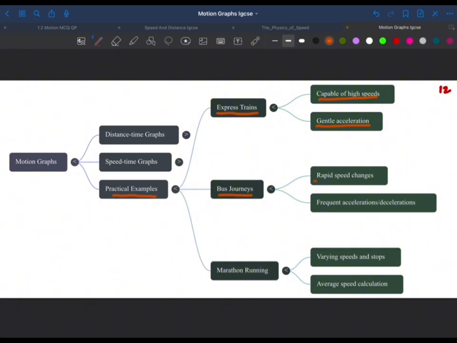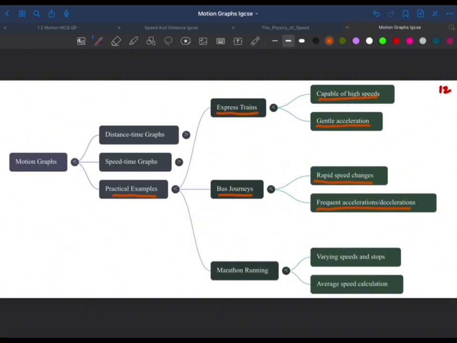Rapid speed changes, that is, frequent acceleration and deceleration. So you can say that the bus journey is a sort of uncomfortable ride. And why? Because the acceleration is frequently changing. The body is sometimes accelerating and then abruptly decelerating. So a bus journey is not very comfortable.